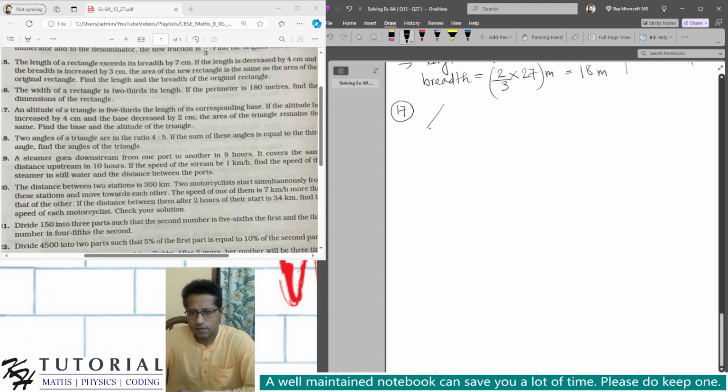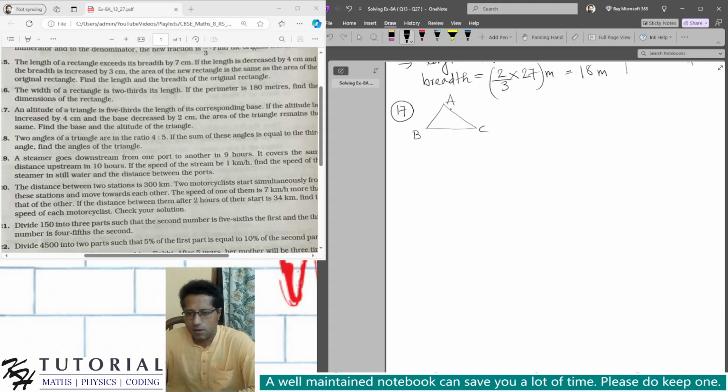So we know that in a triangle, corresponding base means, if ABC is the triangle and we consider BC as the base, then the altitude will be the perpendicular drawn from the opposite vertex, that is A, on the base. This is 90 degrees.